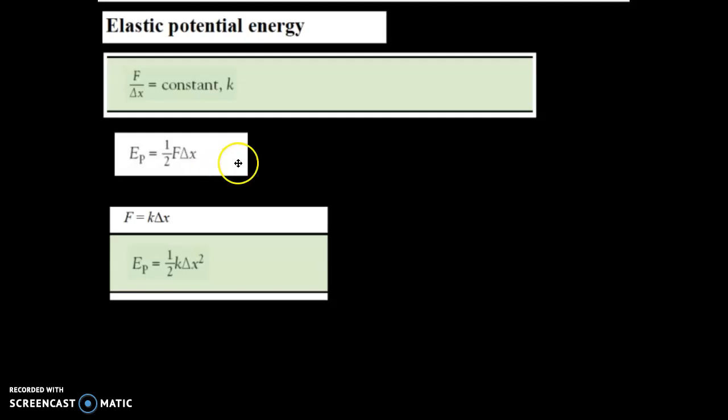However, we know from this equation that the force is equal to kx, or change in x. If we substitute this into here, we're left with a half kx times x to give us our final expression for elastic potential or strain energy, same thing, equal to a half k change in x squared. And that's our final expression.